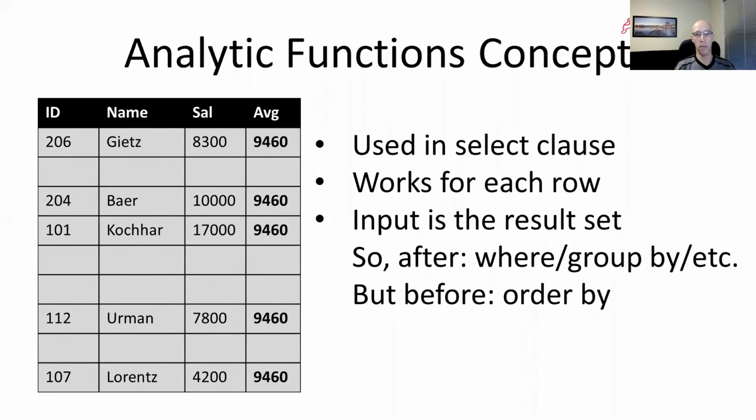Okay, but note that this happens before the order by. So after we execute the query, the where and the group by and all of this happens first, then the calculation of the analytic function, and at the end the result is ordered, and we'll see why this is important a little bit later.